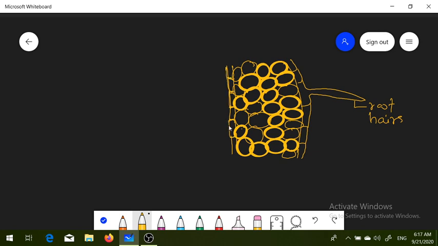These are the thick cells because there is a deposition of suberin or lignin, but some of the cells are thin-walled. Then inside it, the next layer is the layer of cortex. So these are the cortical cells, and this is the endodermis.